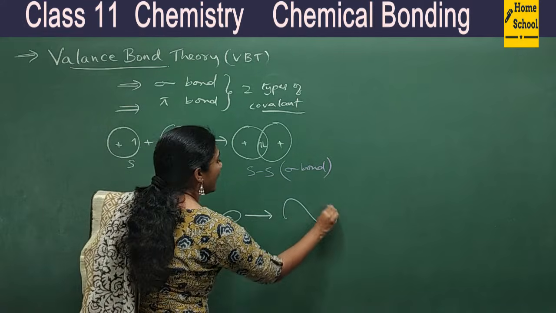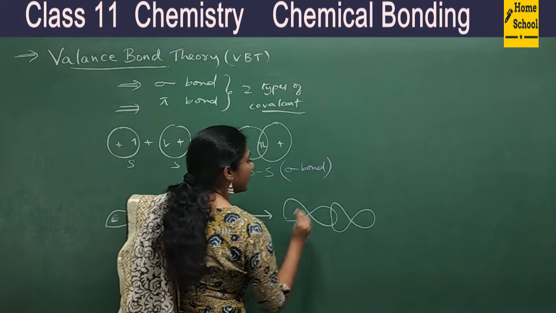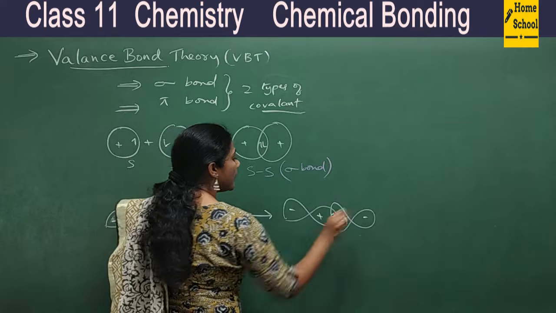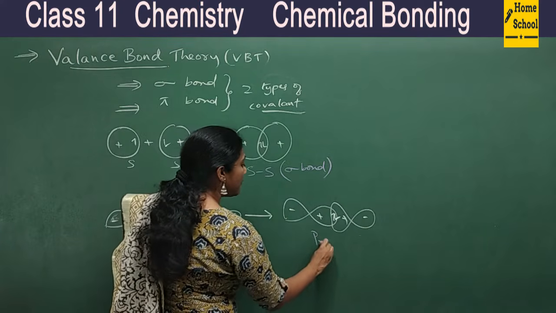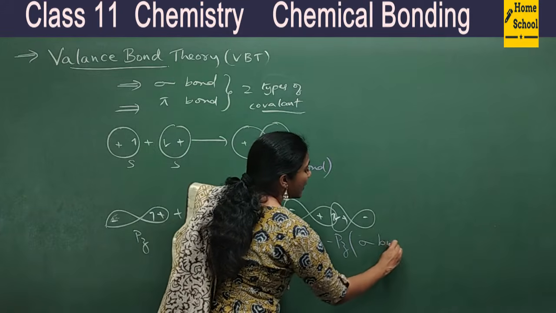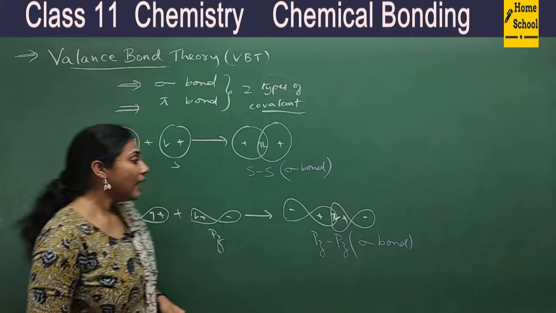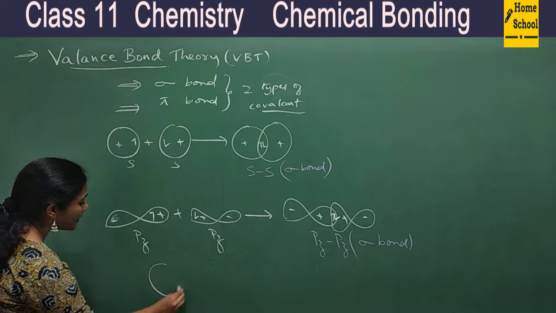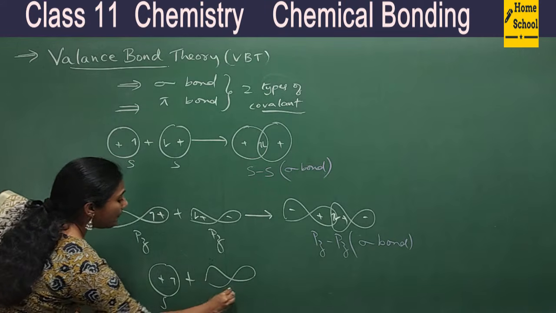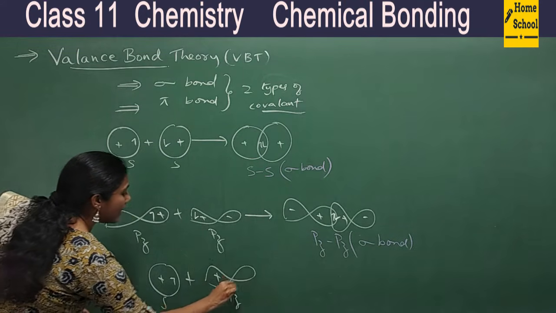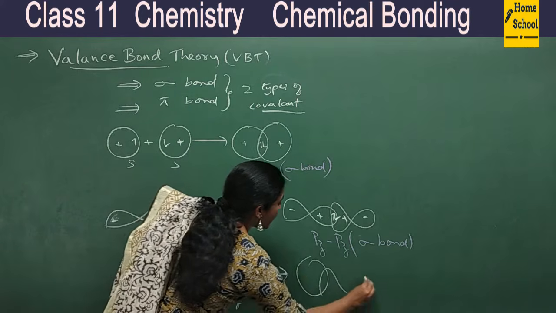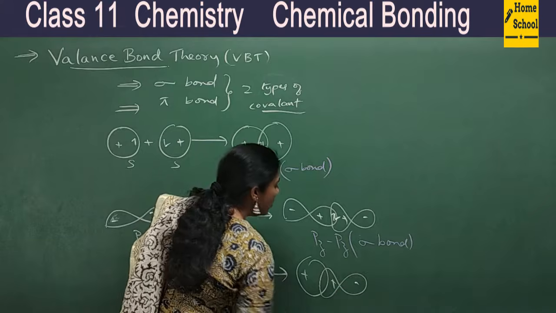How do you show the overlapping? End to end overlapping, right? Here electrons are shared, positive, positive, negative lobe, negative lobe. So even this pz overlap leads to the formation of a sigma bond. And there is another situation, an s orbital and a p orbital, that too a pz orbital. This overlap also leads to the formation of a sigma bond.